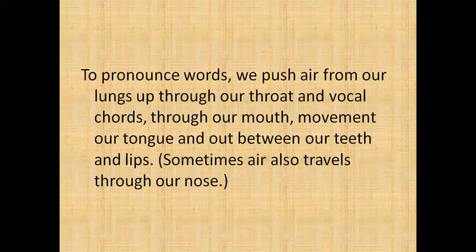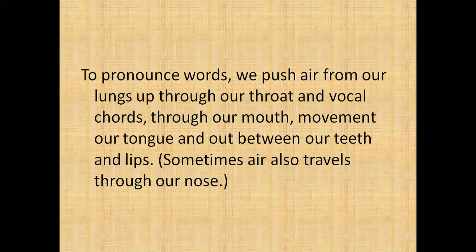It starts from the lungs and vocal cords. Then it comes to the mouth. In the mouth, you can see the movement between lips and tongue. They are very, very important. Sometimes to pronounce, you require your nose also. We cannot speak holding our nose. It's difficult.